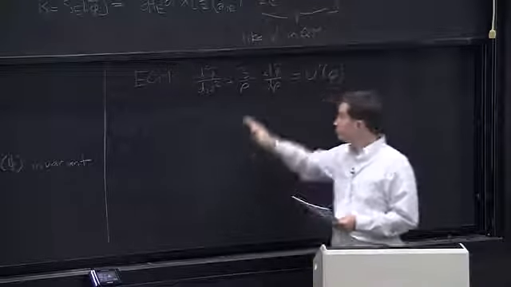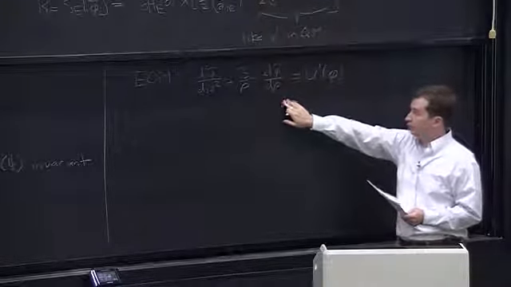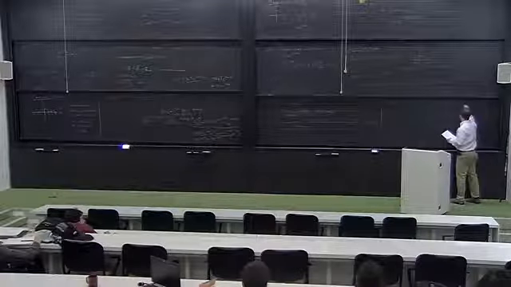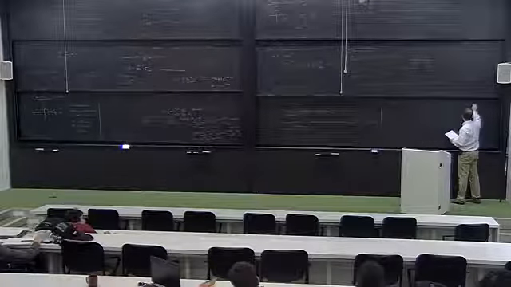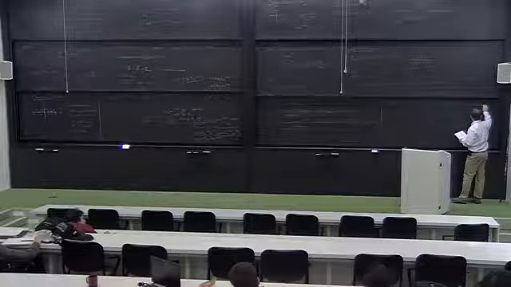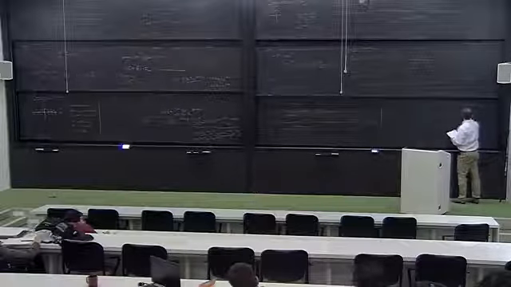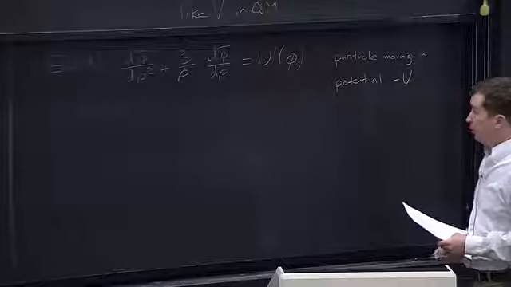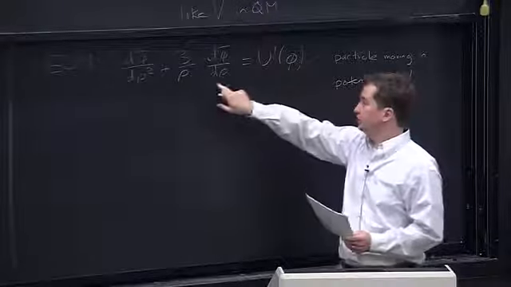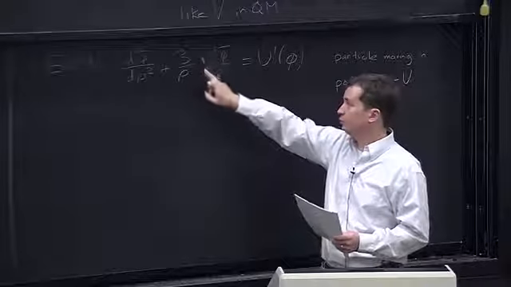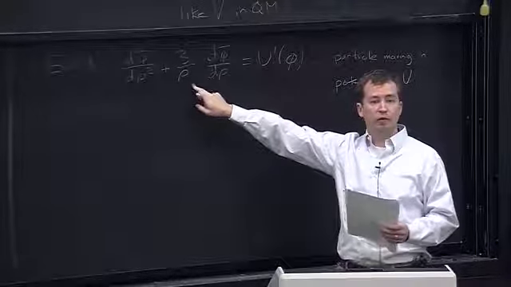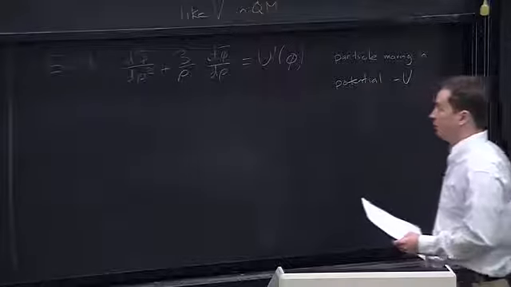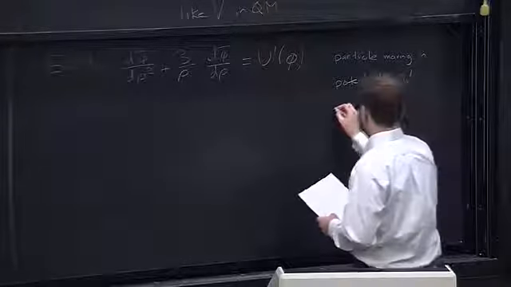And so this is just the equation of motion of a particle moving in a potential minus U, with a time-dependent damping force. So this term here looks like a damping force. Its coefficient is 3 over rho. So if we think of rho as our time parameter, then the damping force is time-dependent.